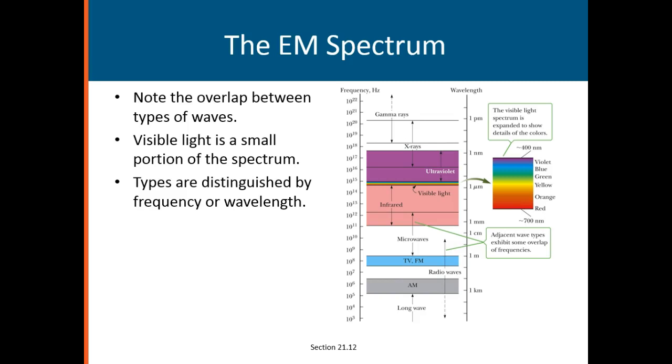And here's the visible light expanded. Right below ultraviolet is violet, then blue, then green. Now, some people put in the word indigo there.